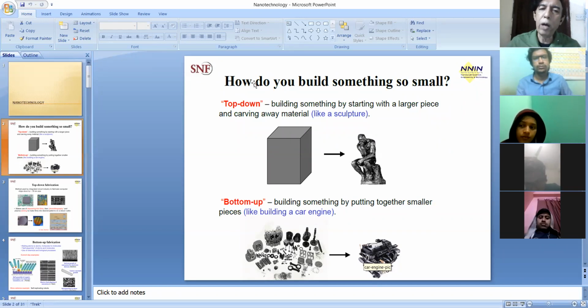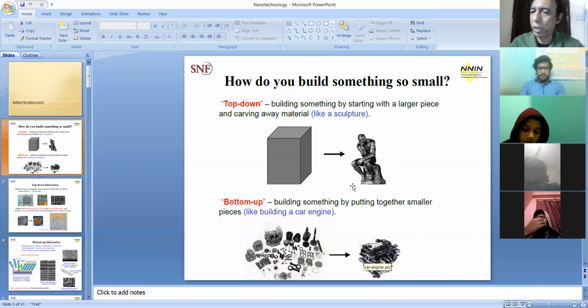One is top down. Top down means we have a big substance, and from that we prepare a small substance. We can hammer it, we can do something on that big substance, and then prepare a small substance. That is a top-down process.